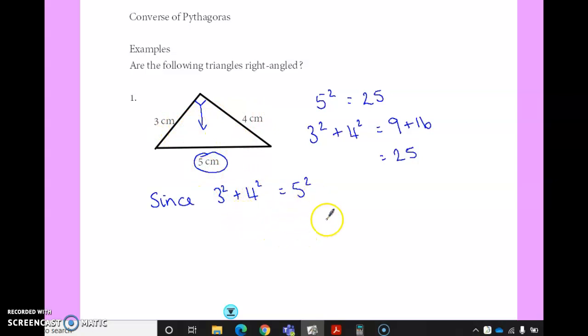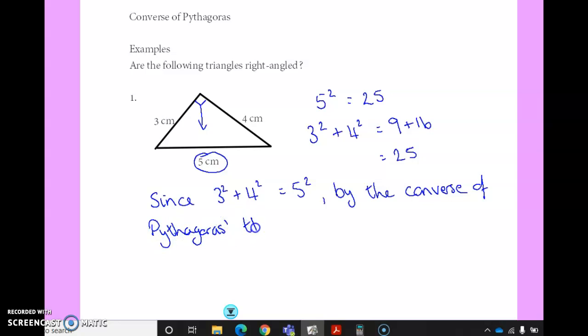So since 3 squared plus 4 squared is equal to 5 squared, by the converse of Pythagoras' theorem, the triangle is right angled.